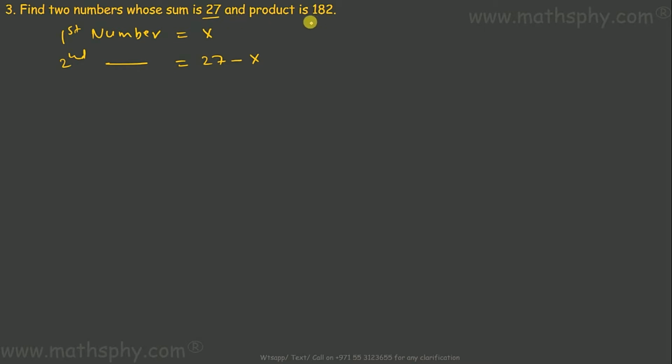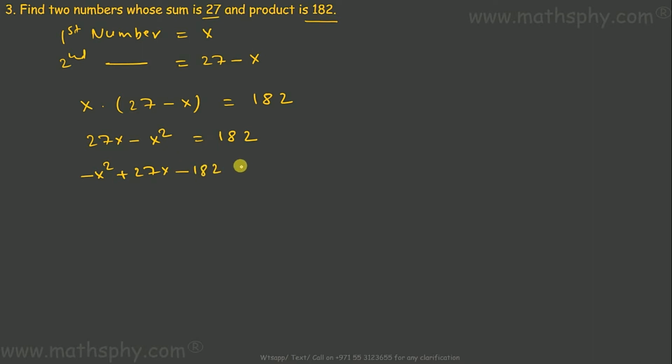Then it says product is 182, means x into 27 minus x is equal to 182. This will be 27x minus x squared is equal to 182. So I put this way, minus x squared plus 27x, 182 comes this side, minus 182 equals 0. I take negative common, so x squared minus 27x plus 182 is equal to 0.